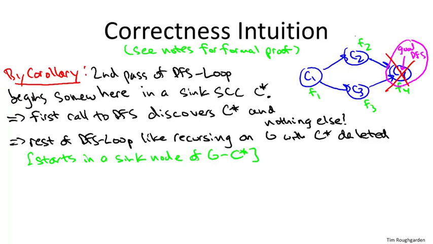Now the next invocation of DFS will come from somewhere in F3, somewhere in C3. That's the only remaining sink SCC in the residual graph. So the third call to DFS will discover this stuff. And now, of course, we're left only with C1. And so the final invocation of DFS will emerge from and discover the nodes in C1.